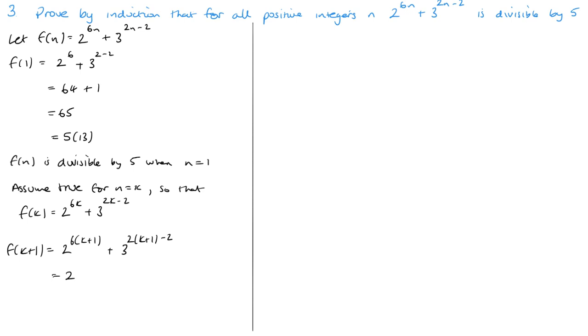So this is 2 to the power 6k times 2 to the power 6, plus 3 to the power 2k plus 2 minus 2, so 3 to the power 2k. So that's what we're left with there. 2 to the power 6 is 64, so 64 of these plus 1 of these.